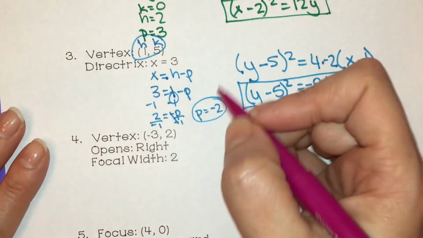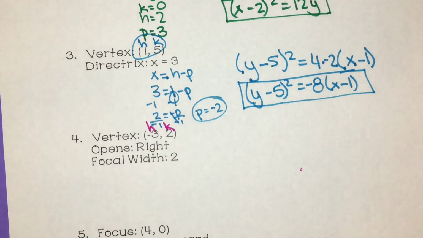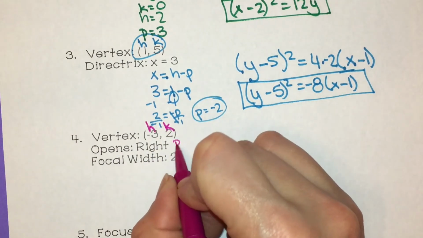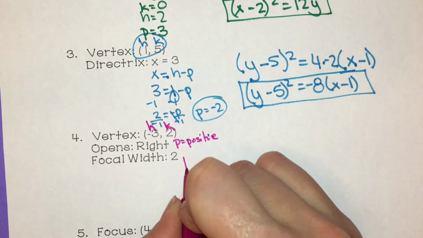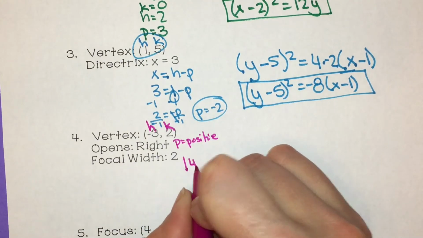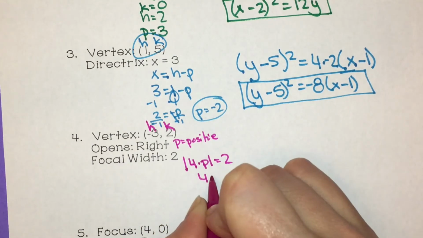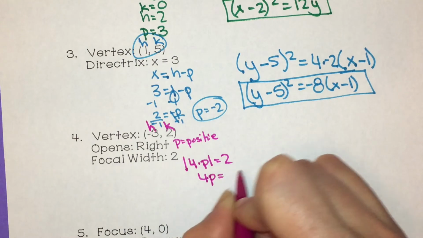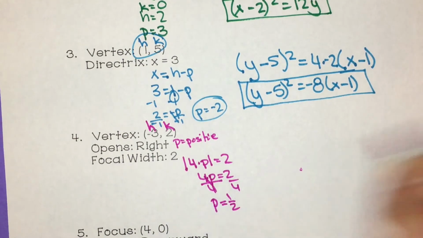Okay, vertex is (h, k). It opens to the right, meaning I know my p value is positive. So focal width, absolute value of 4 times p is equal to 2. So I'm just going to say 4 times p equals 2. Divide both sides by 4, and p is equal to 1/2.